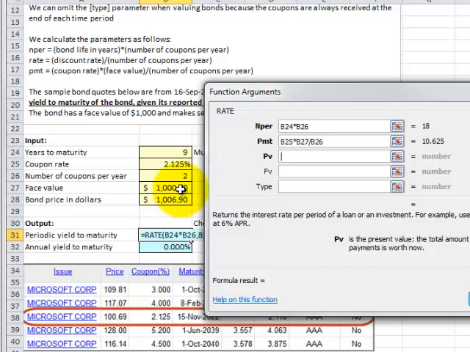So we'll put minus and the price of the bond in dollars. The negative number indicates a cash outflow. Lastly, we need the face value of the bond, which is $1,000. We can leave the type parameter blank and get our result.